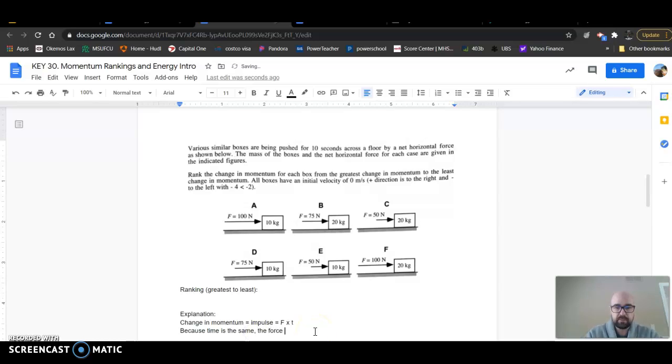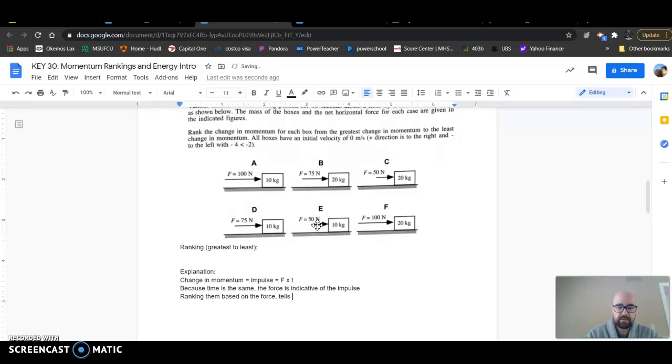The force is indicative, meaning it's telling us, of the change in momentum or the impulse. So what we can do is ranking them based on the force tells us the change in momentum.